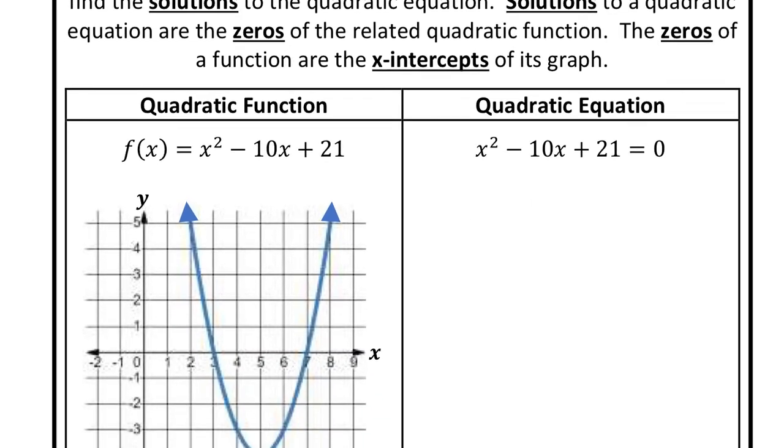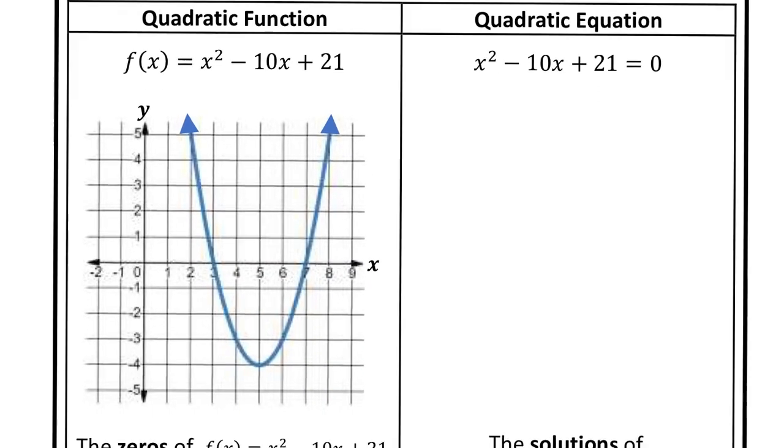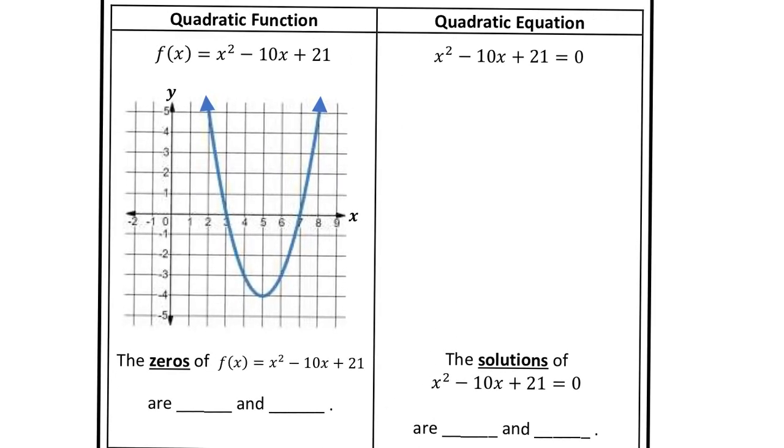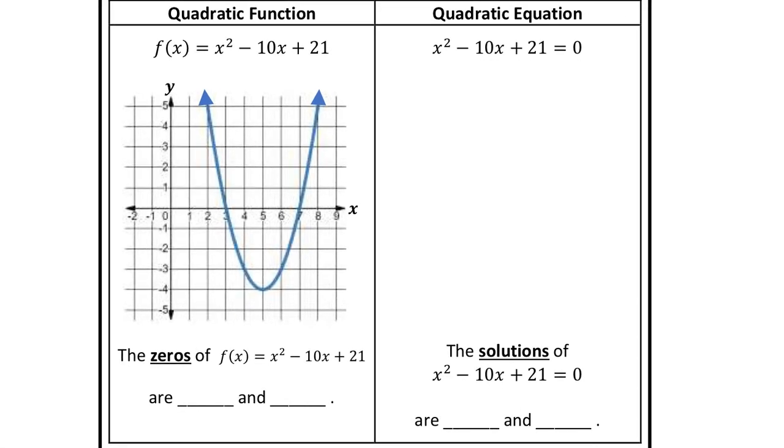So the example here is the following. If I graph this function, it gives me the following graph. And if I want to identify the zeros of the function, again, remember these are the x-intercepts.